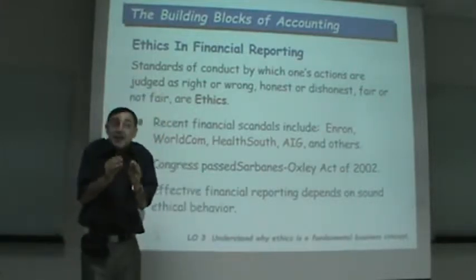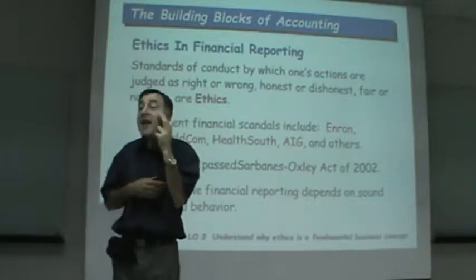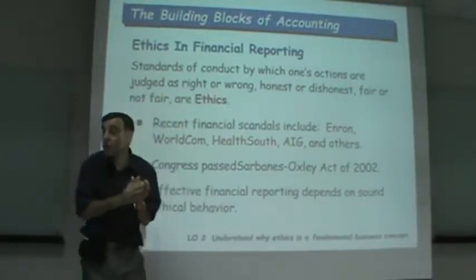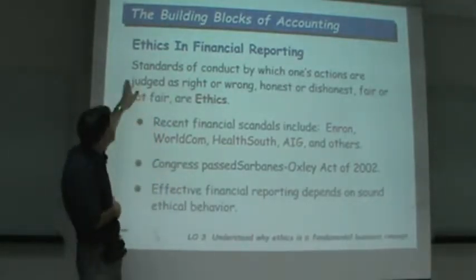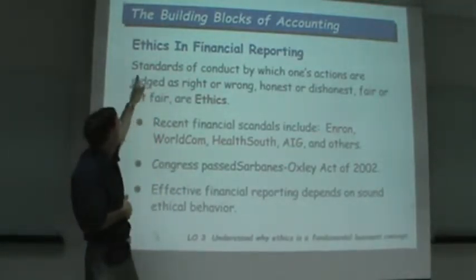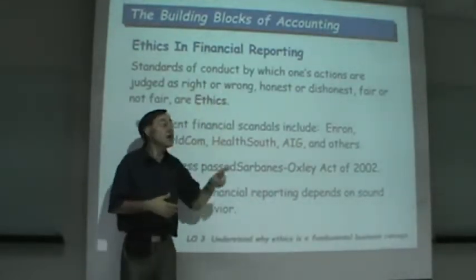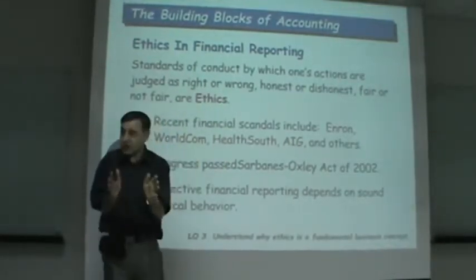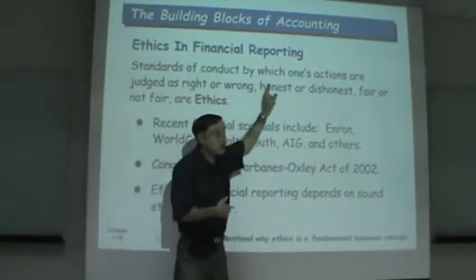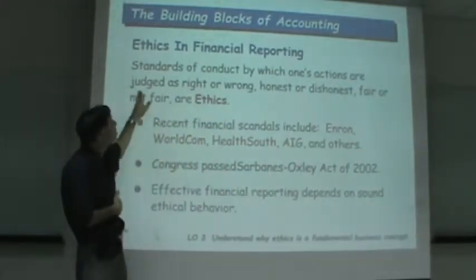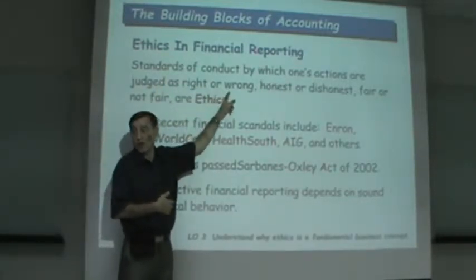So ethics depends on morals, and ethics determines what's right and what's wrong. It is a standard of conduct. It tells you what's good and what's bad, by which actions are judged as right or wrong.